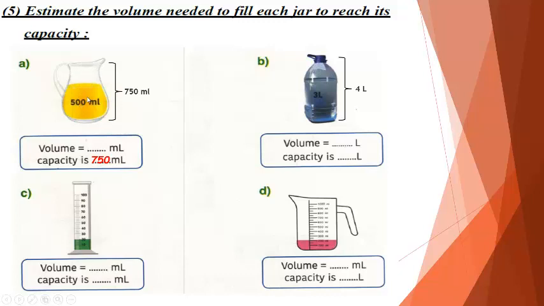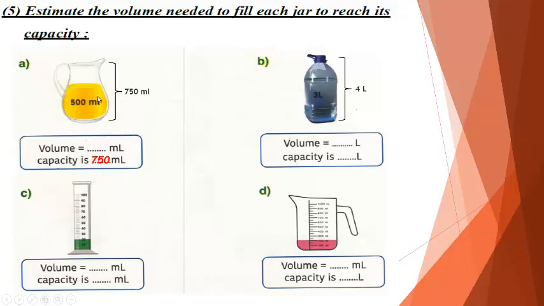Here I have just 500. I want them to be 750. So what is the volume needed here to reach the 750? I'm just going to subtract 750 minus this 500. It will give me the needed part. So 500 milliliter plus what equals 750? I want the whole part to be 750.